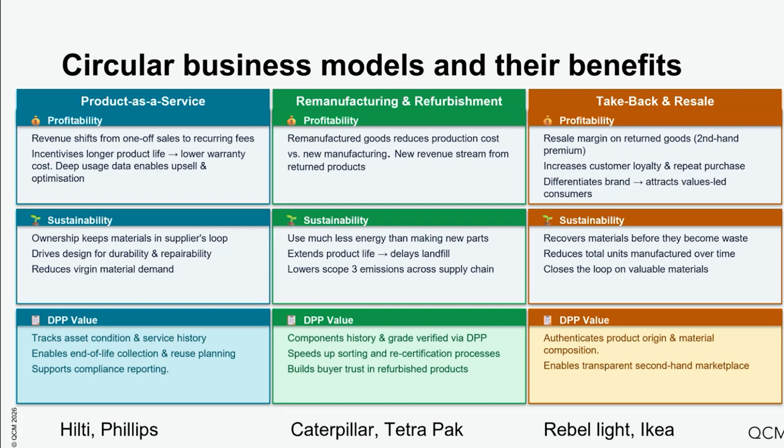And here you can use the DPP for tracking assets, conditions, service history. You show your users how to do end-of-life collection or reuse planning, and you support a lot of the compliance work that is needed.